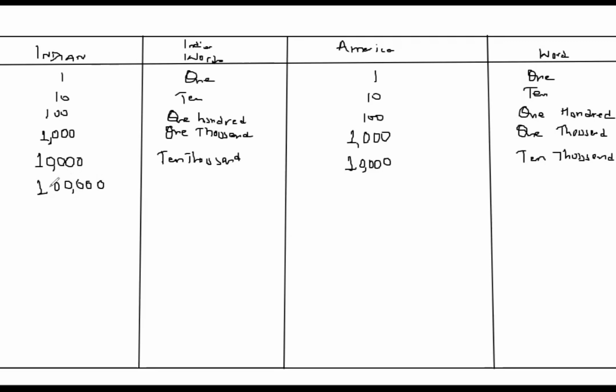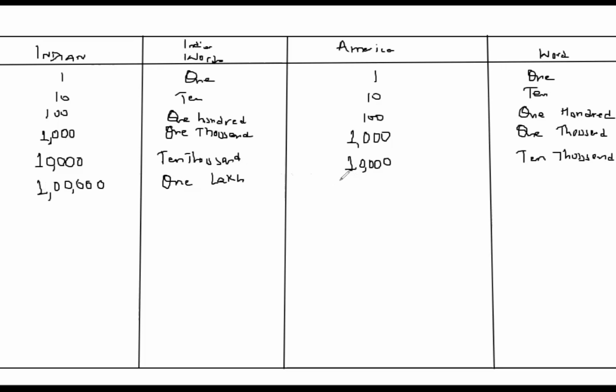Then the following period will come after every two digits, so the next period is going to come over here. Now what do we have? Ones, tens, hundred, thousand, 10,000, and then we call it lakh, right? So this is basically 1 lakh in India.